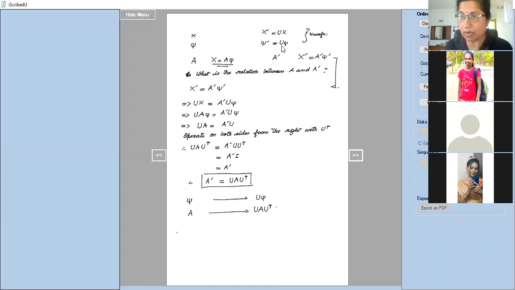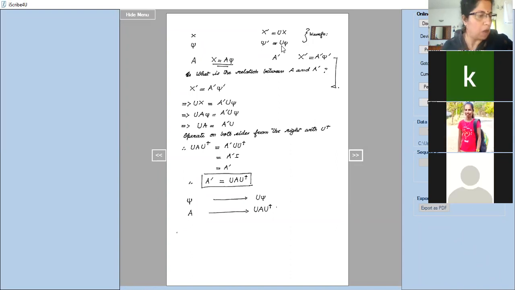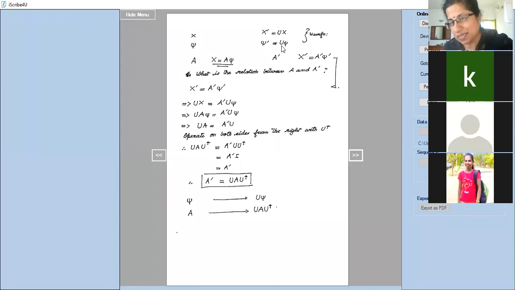Is this clear to everyone? How this is happening? Yes, ma'am. Okay, cool. So now let us start proving things for ourselves, trying to say that if we are doing the transformation with these rules, then the physics does not change.